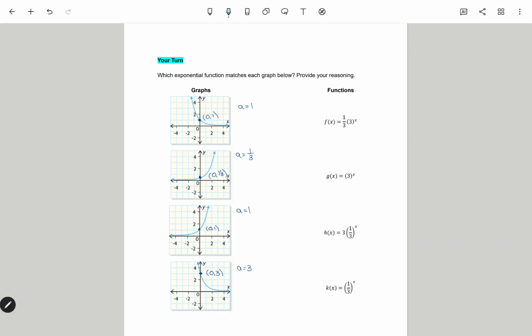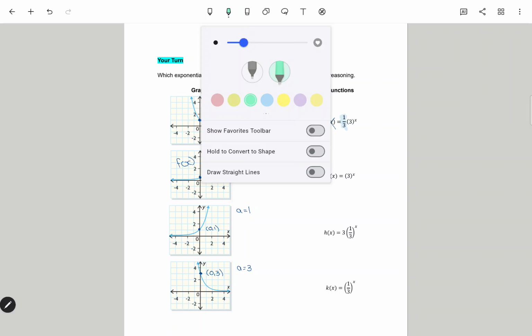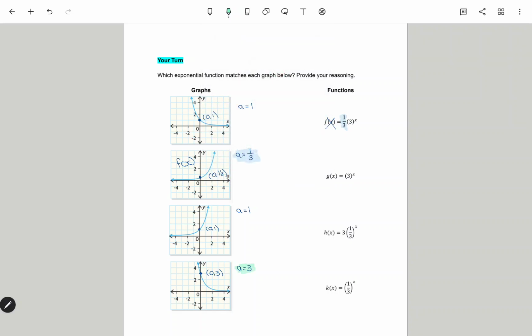So we already have two different a's. So I know that this guy has to belong to this guy. So we're done with that one. I have an a value of 3, an a value of 3. So I know that this guy is h of x. All right, so now we got to look at our increasing, decreasing. This guy is decreasing.